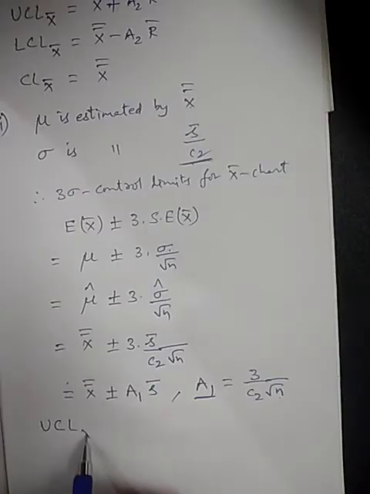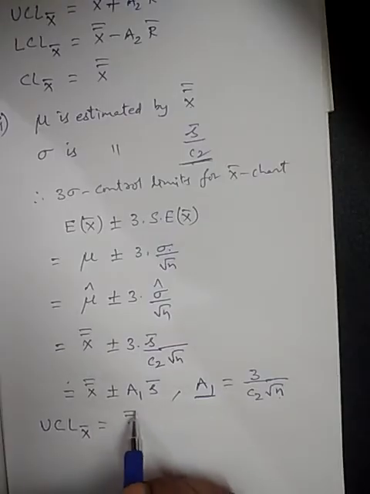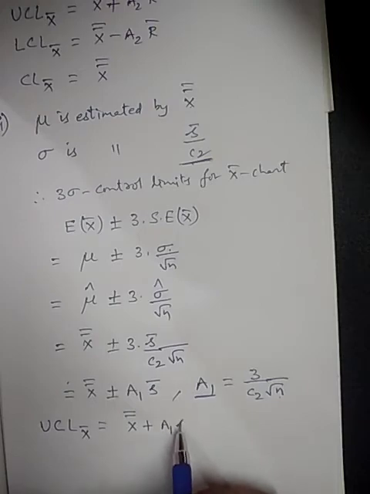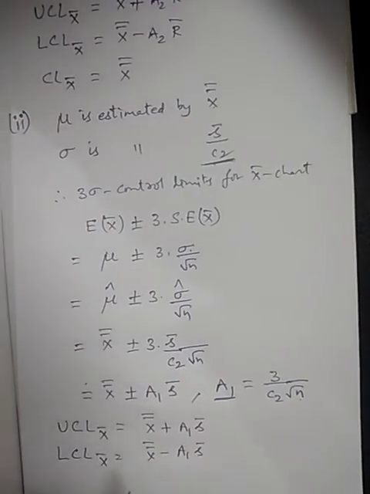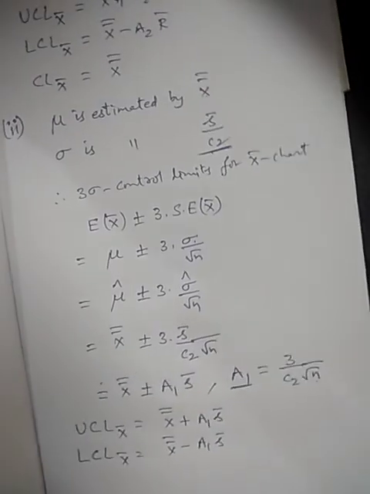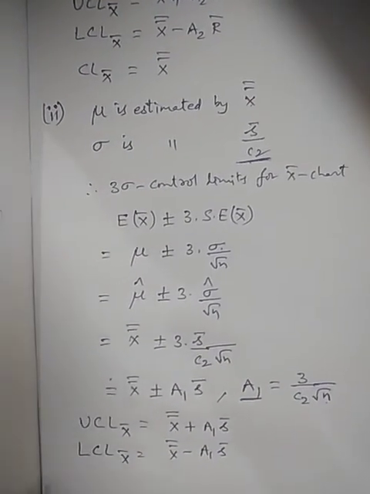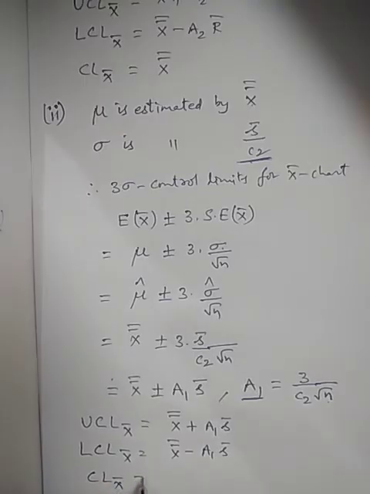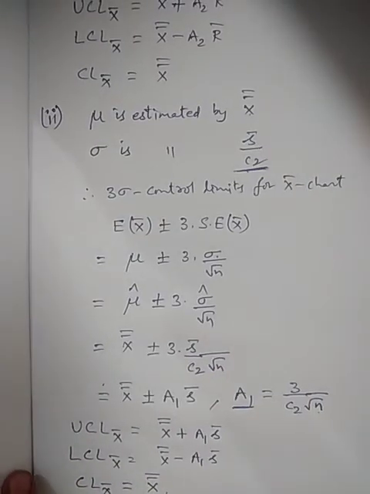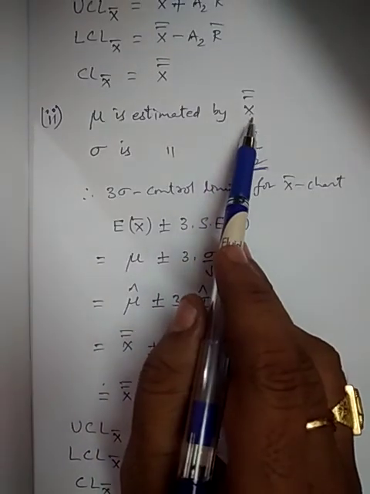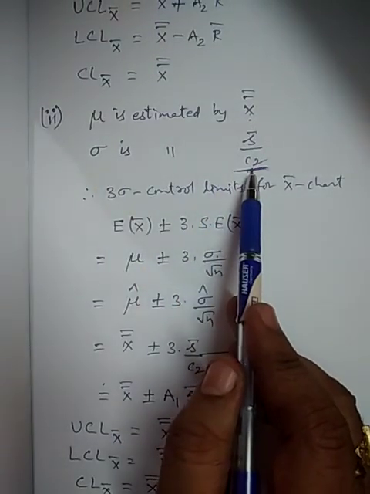Therefore, UCL of X bar is equal to X double bar plus A1 S bar, and LCL of X bar is equal to X double bar minus A1 S bar, and CL of X bar is equal to X double bar. So these are the control limits of X bar chart in the case where mu is estimated with X double bar and sigma is estimated with S bar by C2.